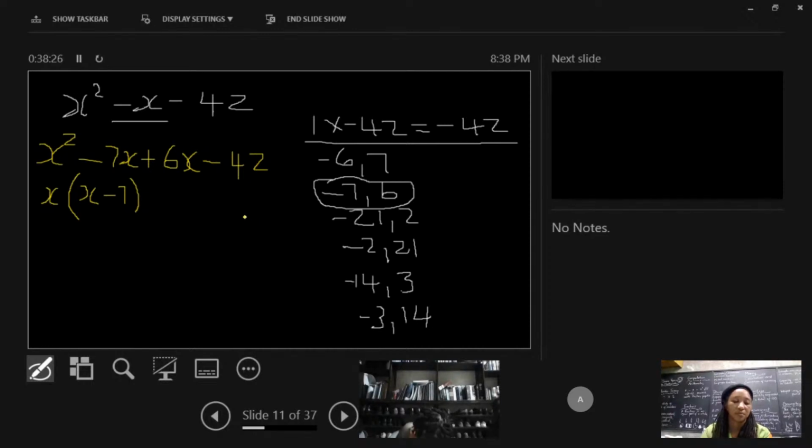Okay. Now for this plus 6x, miss, we're going to find the number that can both go into 6x and negative 42. That would be 6. So now we're going to put a bracket. Miss, 6 into 6x goes 1 time, so this is x.